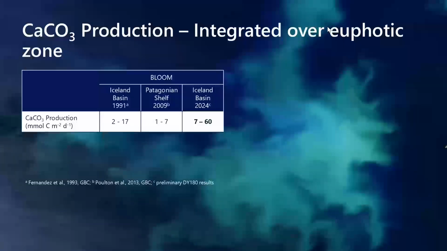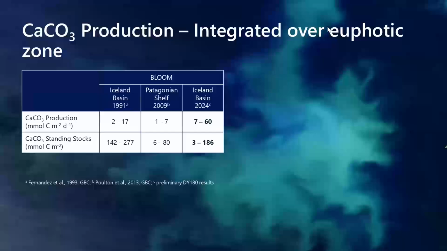But when we're thinking about the alkalinity and the calcite production, we want to integrate this over the euphotic zone. So I've got 2 previous studies compared with our preliminary data. This is an Icelandic Basin study from 1991, and then a bloom study on the Patagonian shelf. And you can see that the calcite production, when we integrate across the euphotic zone, is much larger in the Icelandic Basin.